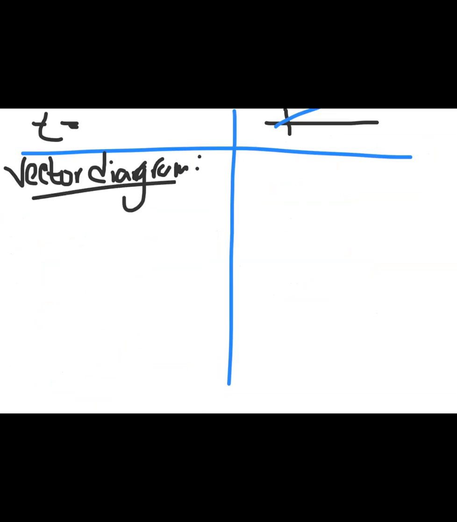So for my vector diagram, I'm going to start off recognizing that we're covering some distance with some displacement, delta x, that we are starting with an initial velocity of 0, and that's allowed to be put in there as a number.